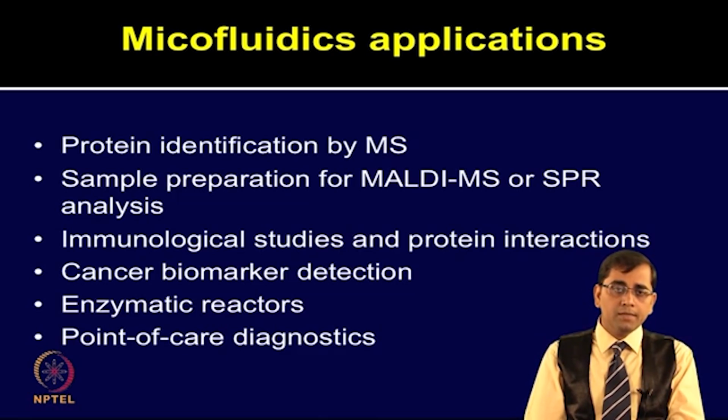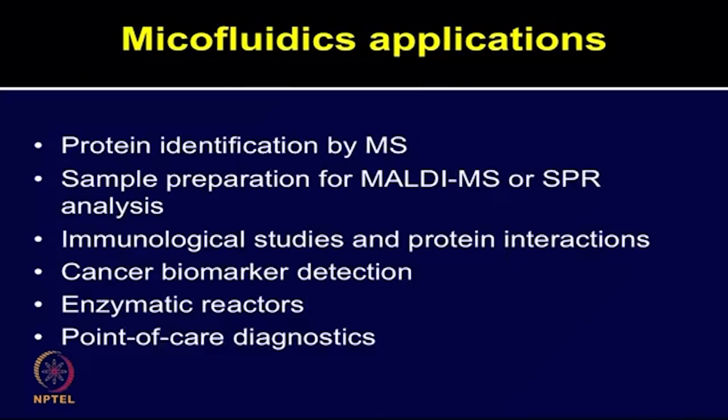Microfluidics is being used in different applications such as immunological studies and biomolecular interactions, biomarker discovery including cancer biomarker detection, enzymatic reactions, and lastly diagnostics, as biochips mark the beginning of microfluidic applications in proteomics.